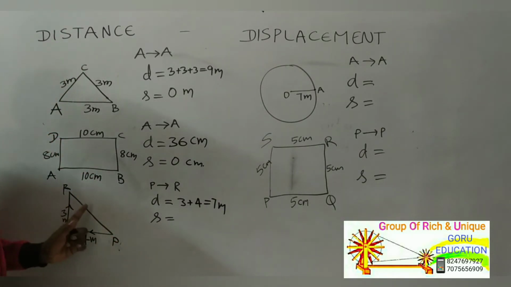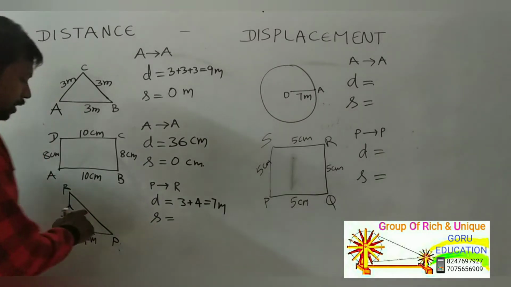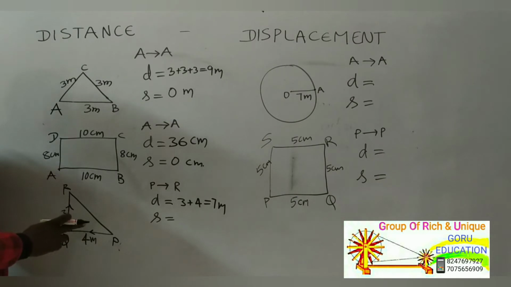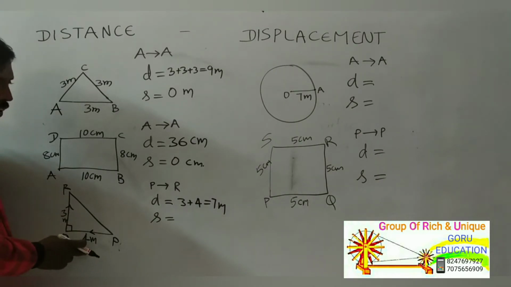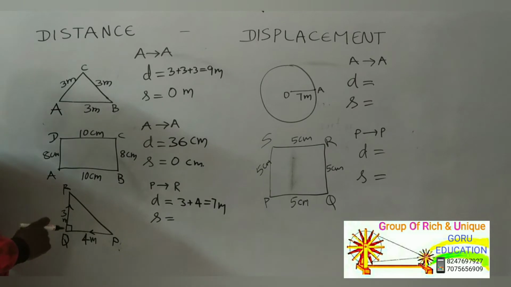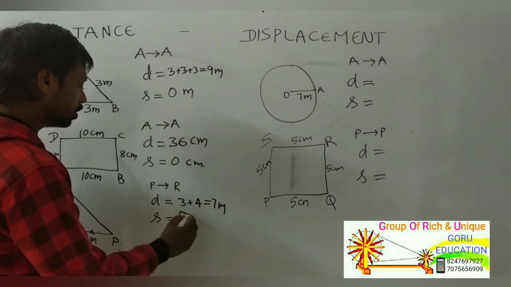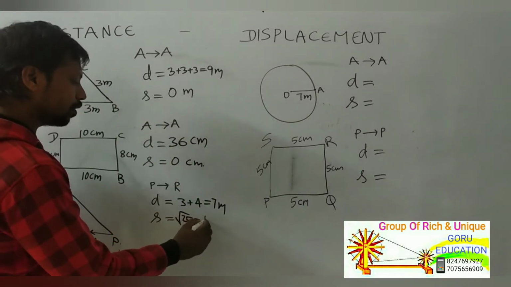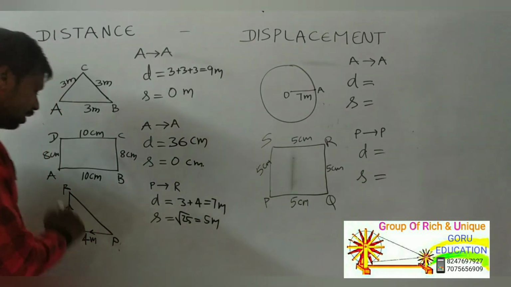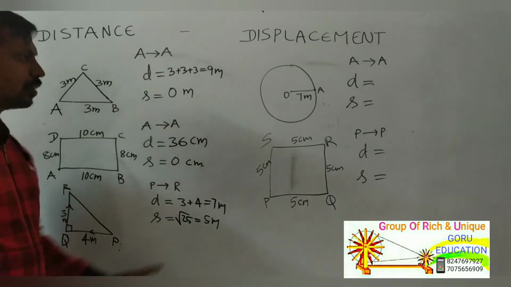Use the Pythagoras formula: 3 square plus 4 square, that means 9 plus 16, 25, root, 5 meters. So the P to R value is 5 meters.